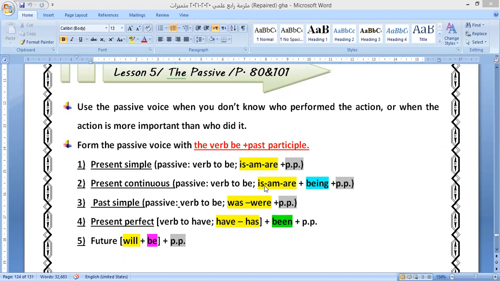Within continuous, if your sentence is written in the present continuous tense, يعني verb plus ing للدلالة على الاستمرارية, then you need to make passive voice with is, are plus being and past participle form of the verb. If your sentence is written in the past form, as you know, with yesterday, ago, or any year in the past time, so you can use past simple tense, was, were, plus past participle form of the verb.